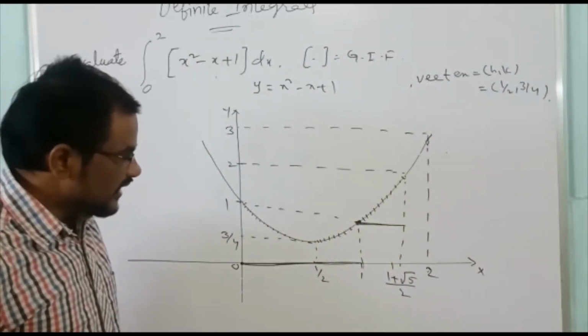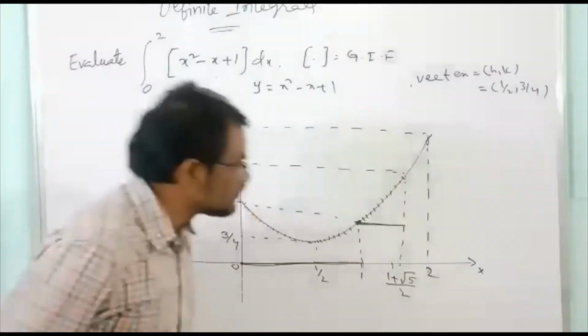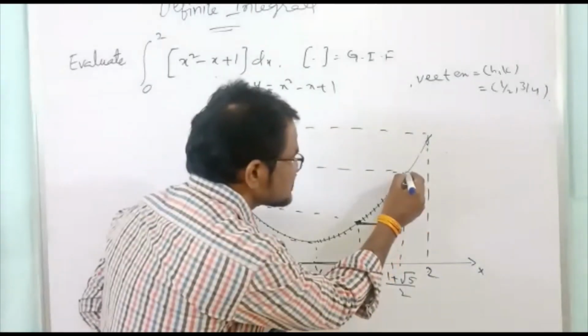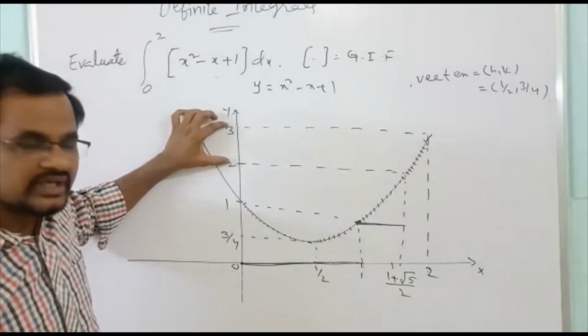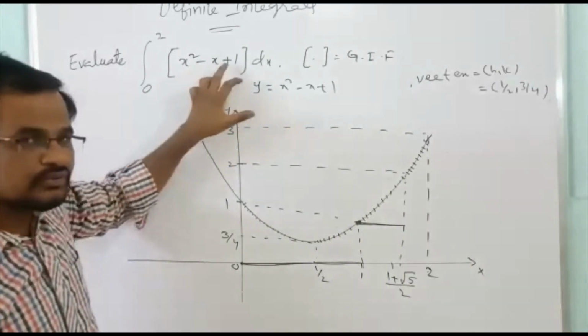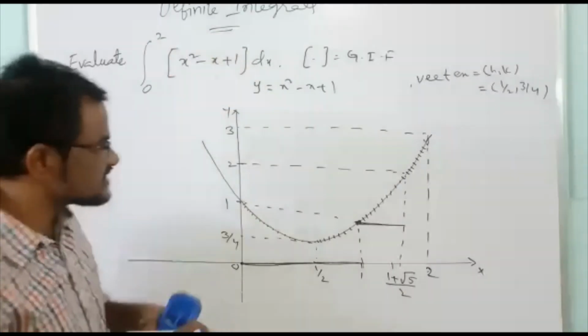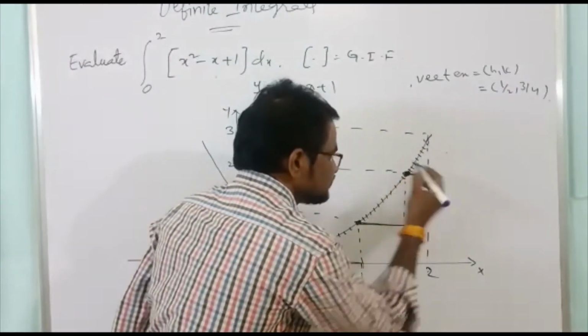Next, the x value is between 1 plus root 5 over 2 and 2. The graph is this one, so the y value varies from 2 to 3. The greatest integer of this is 2. So this is our value.